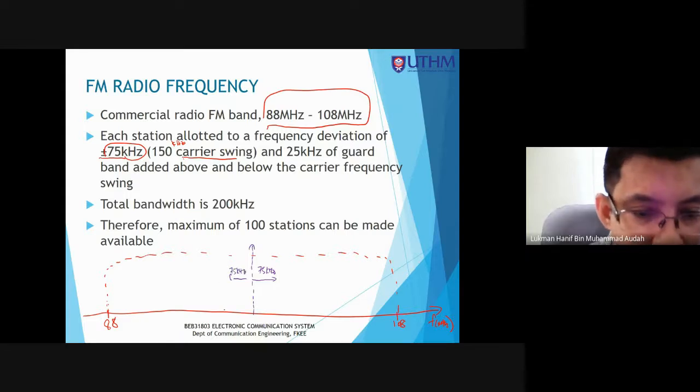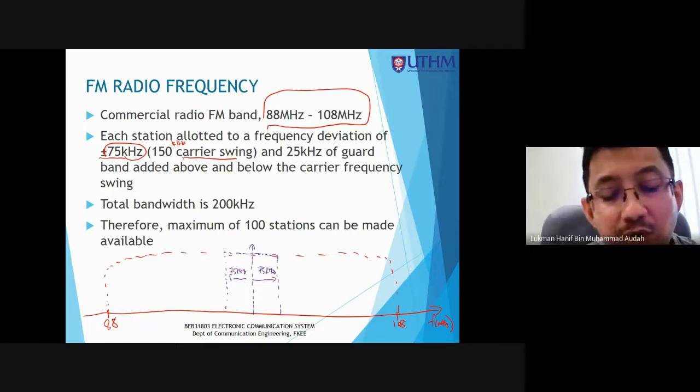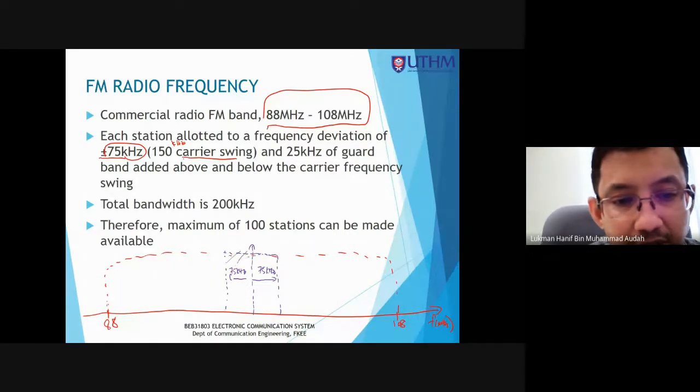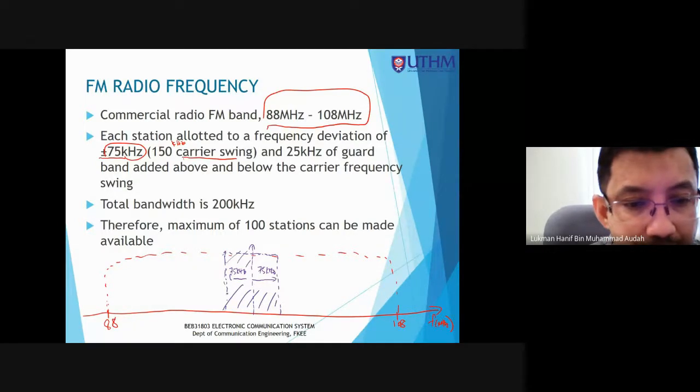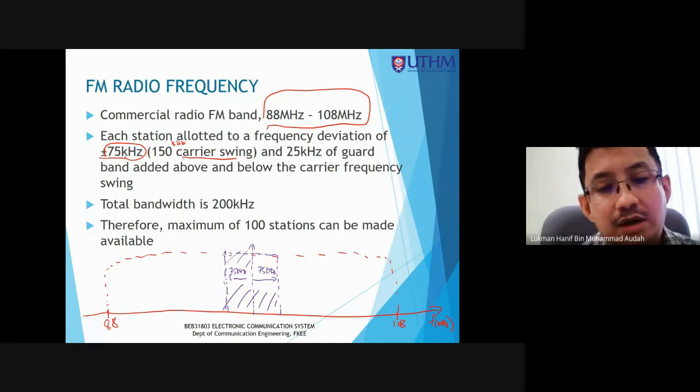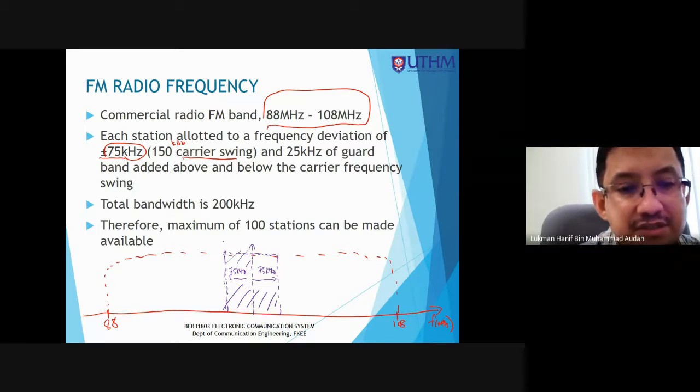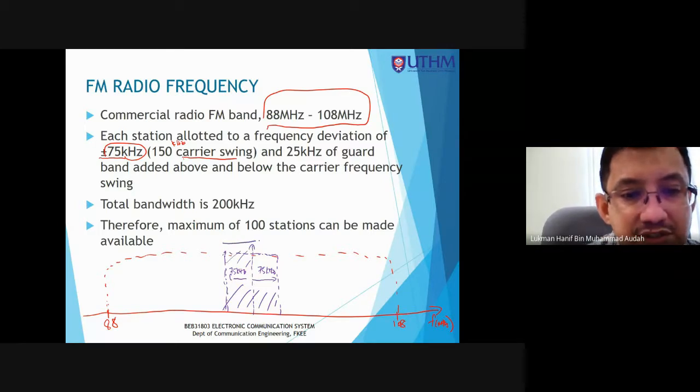Okay, so that means kalau saya lukis dia macam ni. So this is for one radio station. Okay, one radio station. And if you see that 75 and 75, the distance here is actually 150.